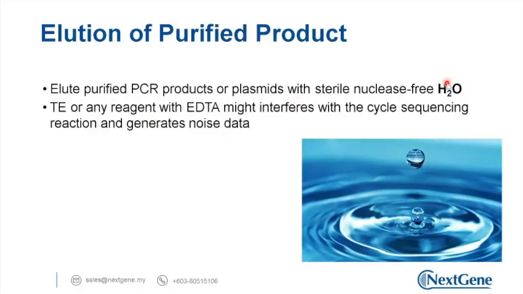Because sometimes the elution buffer might contain EDTA. EDTA is an ion chelator that might cause a problem to the signal detection and also the capillary electrophoresis. So TE or any reagent with EDTA might interfere with the cycle sequencing reaction and generate noisy data.